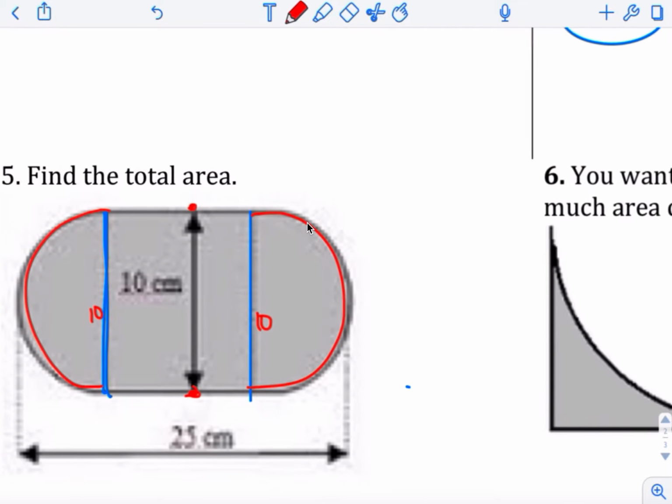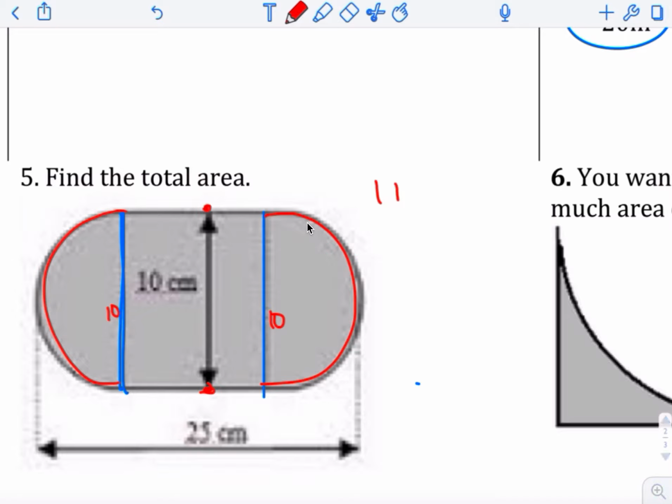Two half circles make one whole circle. See, this half plus this half makes 1 whole circle. So circle area is pi r squared.